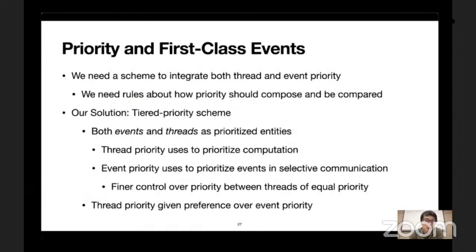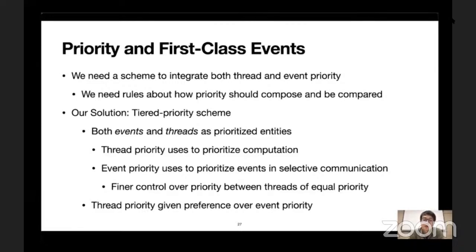Our scheme wants to integrate both thread priority and event priority. The scheme has rules about how the priorities are composed and compared. Our solution is a tiered priority scheme, and both events and threads are prioritized entities.